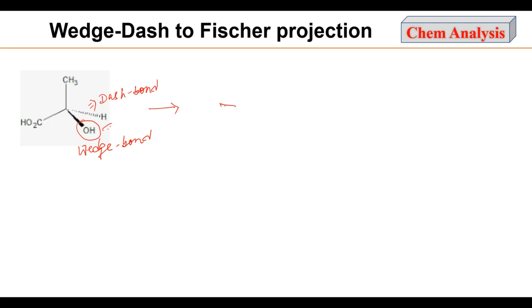We can draw it like OH on the left side and hydrogen on the right side, and this is the central carbon. And when you see this molecule from this side, these two groups will be far apart from you, that is, both these two groups will be on the rear side, but the methyl group will be on the vertical axis above and the CO2H group will be on the axis below.